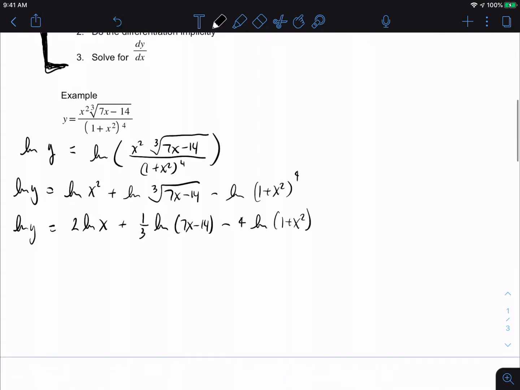Okay. So now I'm going to take the derivative of everything. The derivative of ln of y is going to be 1 over y dy dx, correct?